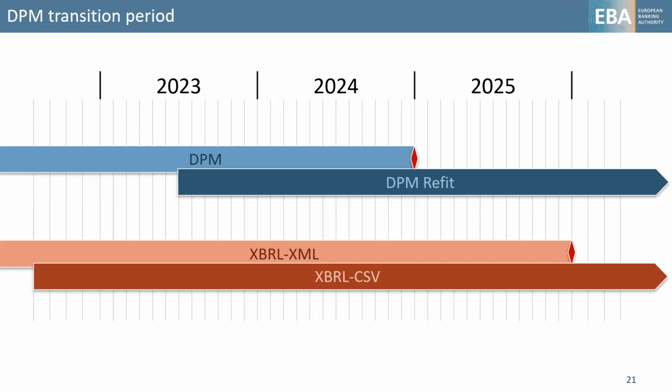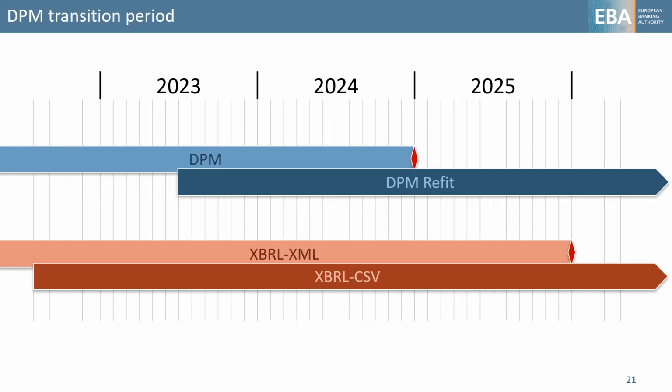So for the next releases that will come after March, we expect to be publishing the EBA reporting framework already referring to the DPM Refit, but we will continue to make the current version available. There will be, of course, the need to have some downgrade, because not all concepts are available in the current DPM.